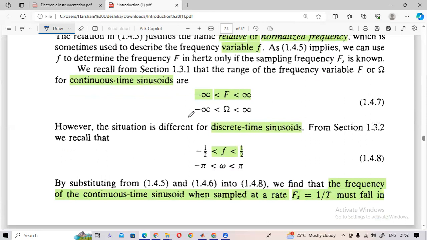Now here is a very interesting property. This capital F is the continuous time signal frequency. You can see that this capital F can have any value, from minus infinity to plus infinity.